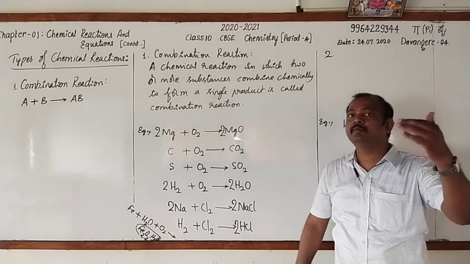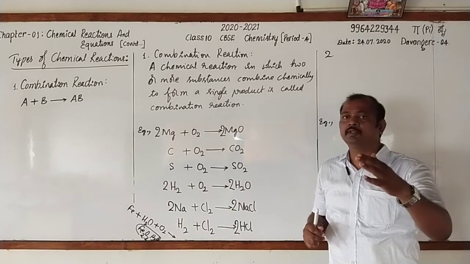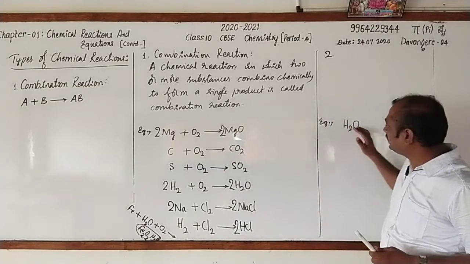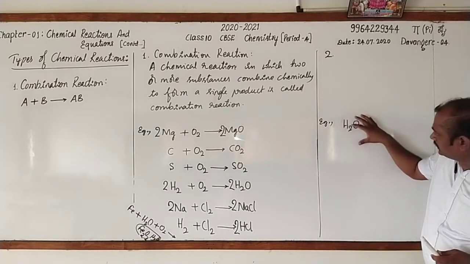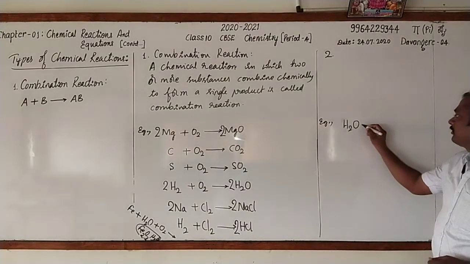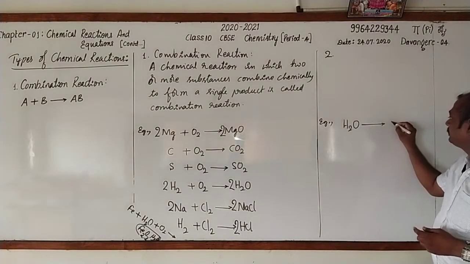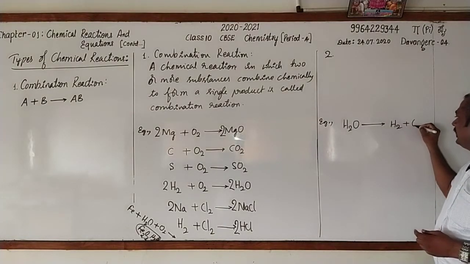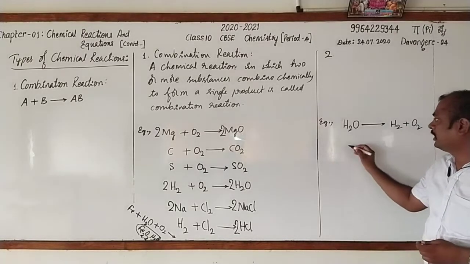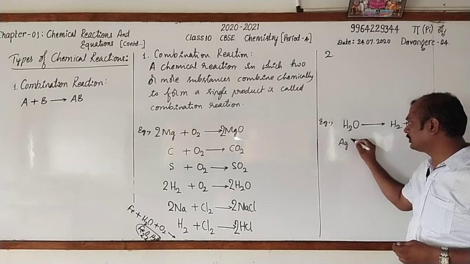Just recall your previous class concept, I think probably 6th or 7th. Could you tell what happens when electricity is passed into this acidified water? Yes, you are right. It gets split up into hydrogen and oxygen. Is it not? Then similarly, another compound, you are also very familiar with this.